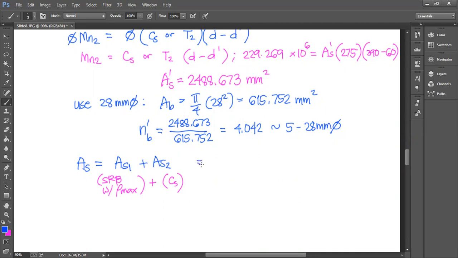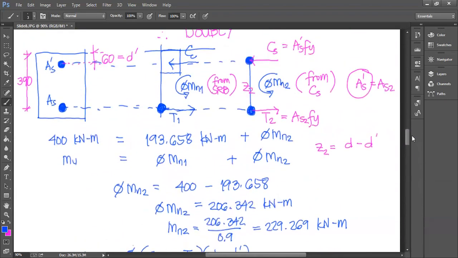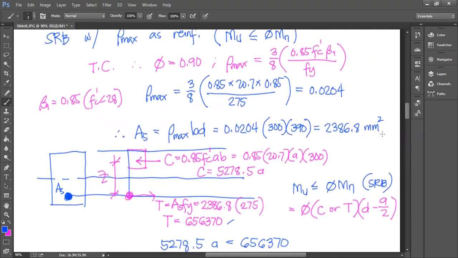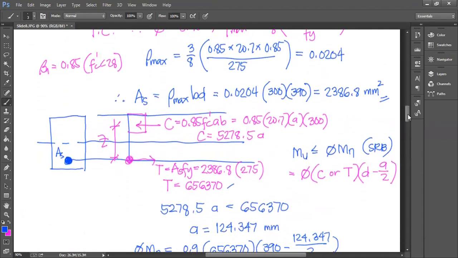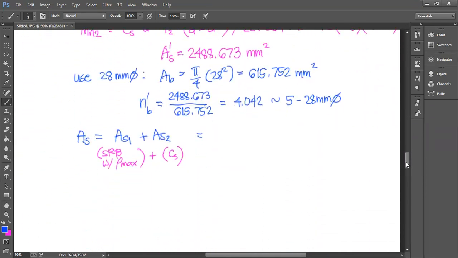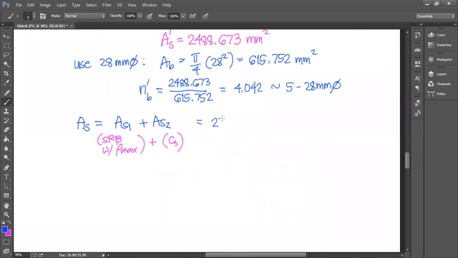Meaning to say, yung AS1 na na-solve natin kanina due to the maximum value of reinforcement, this one should be added doon sa isa pa. So meron tayong 2386.8 plus yung 2488.